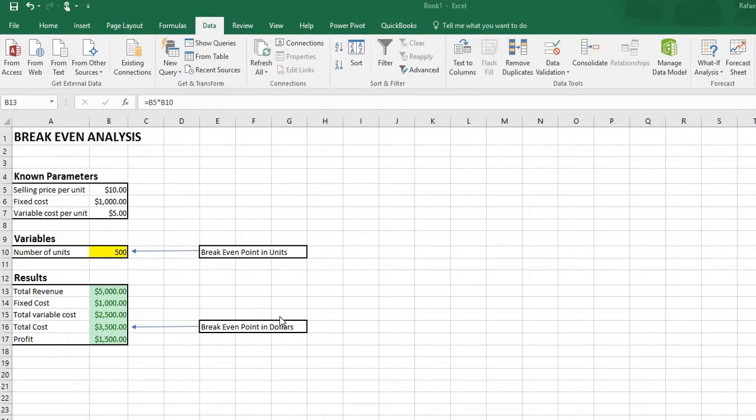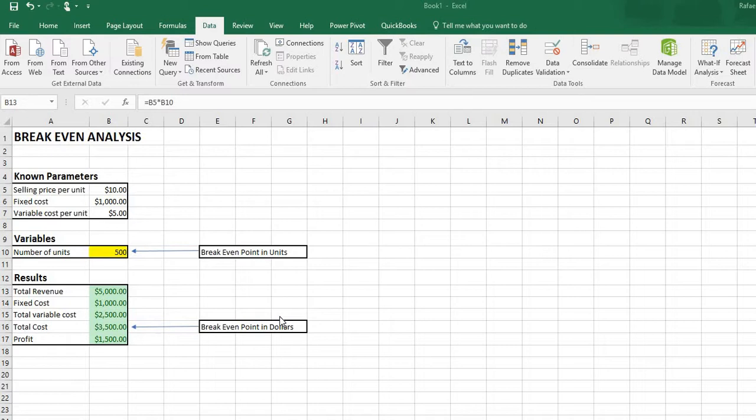So if you're a business person, before you invest your money, let's say in inventory, you would want to know how many items of that particular product you would have to sell in order to break even. Or another way to say it is to recoup your initial investment.